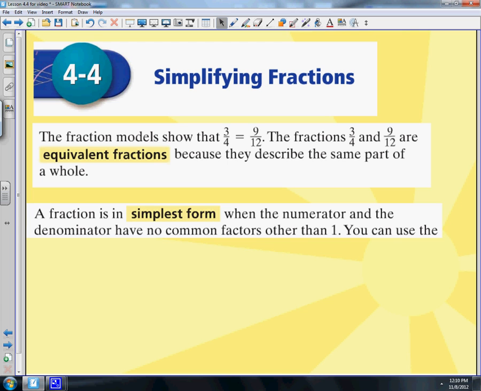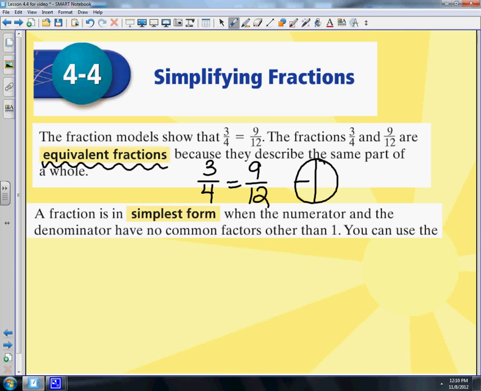So now in your notes, I want you to write down equivalent fractions. If I were to say that 3/4 is equivalent to 9/12, you could show that in a fraction model.